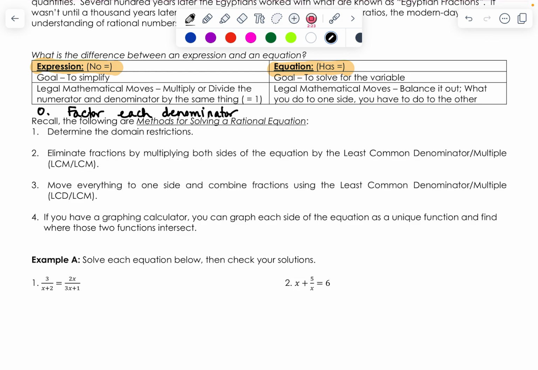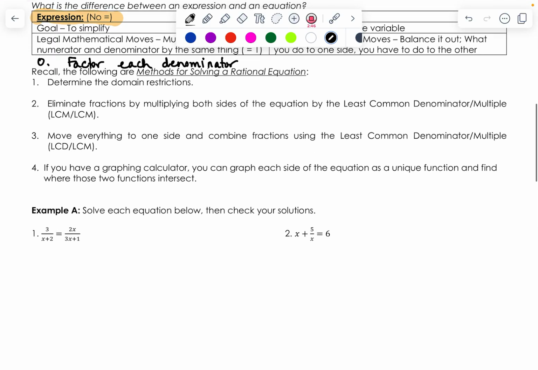Then you eliminate fractions by multiplying both sides of the equation by the least common multiple, or least common denominator. Move everything to one side, combine fractions, and then if you have a graphing calculator, so these are different methods, okay? So all of them you do need to do the domain restrictions.